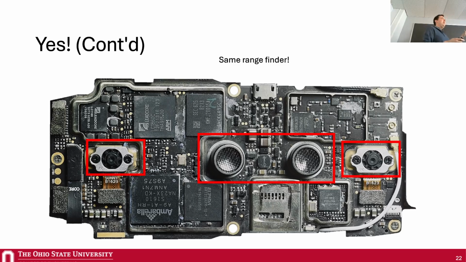To this day, we haven't had time to go in and figure out why it's using two cameras and two separate VPSs. But regardless, because they share the same ultrasonic rangefinder, and it turns out that they use the same firmware for controlling these components, it follows that it will have the same problem and same vulnerability to sonar spoofing.